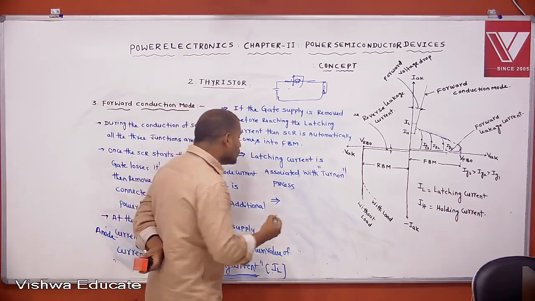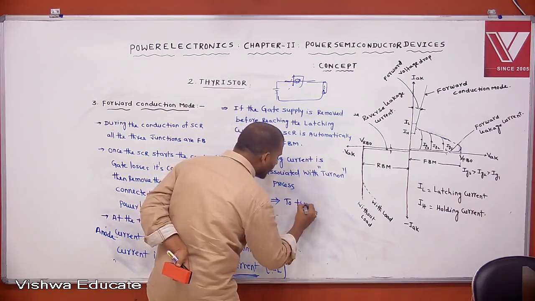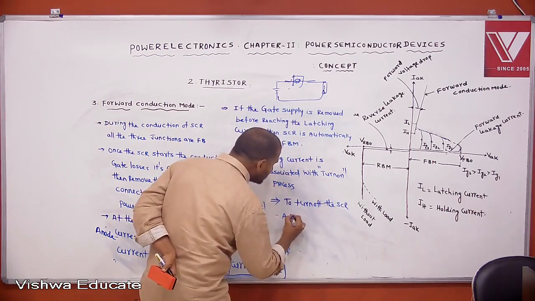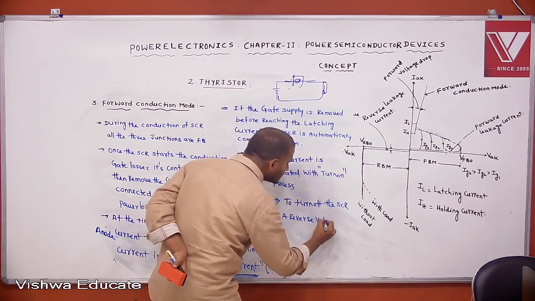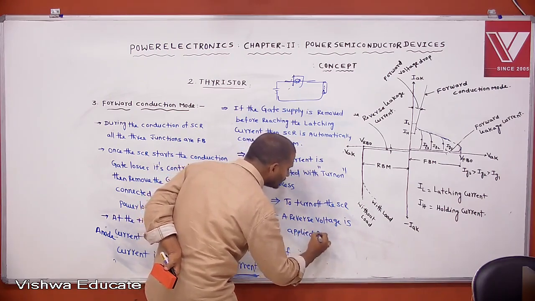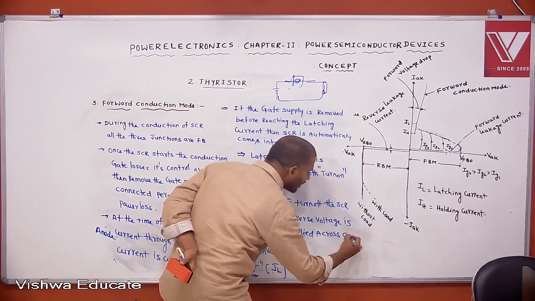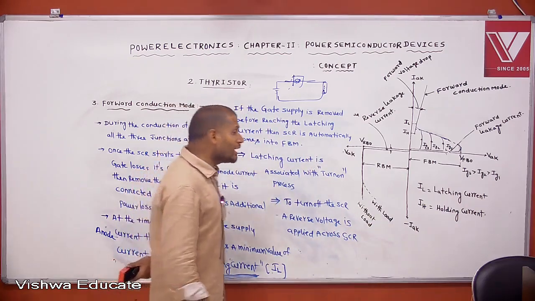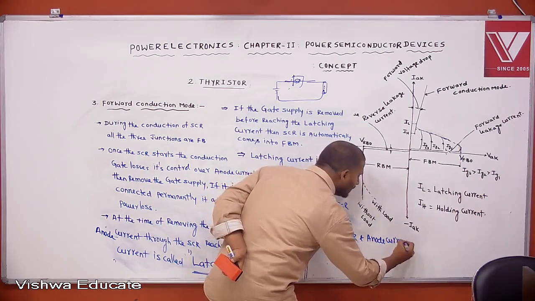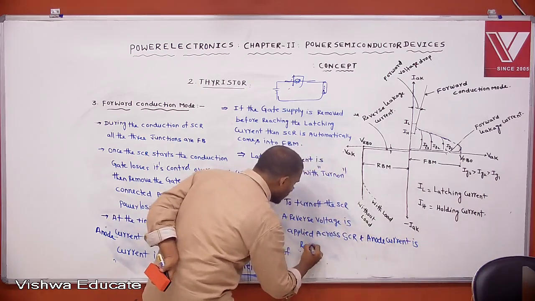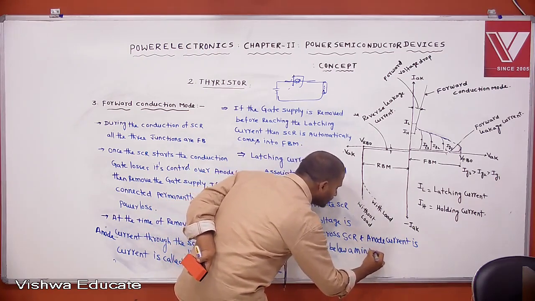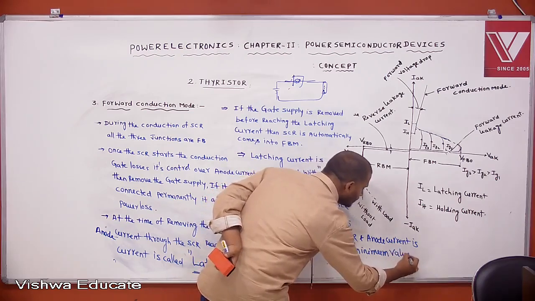That means to turn off the SCR, a reverse voltage is applied across the SCR, and the anode current is reduced below a minimum value of current.